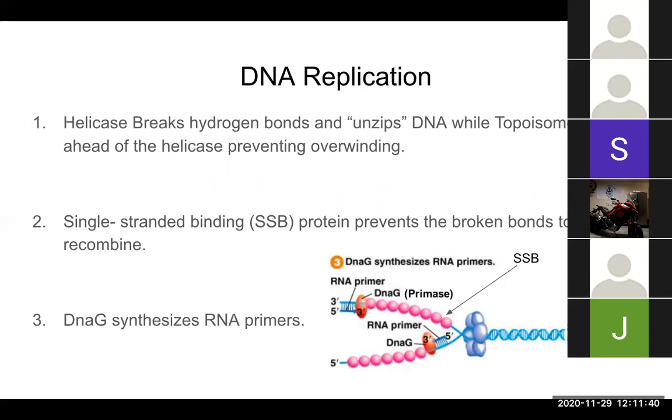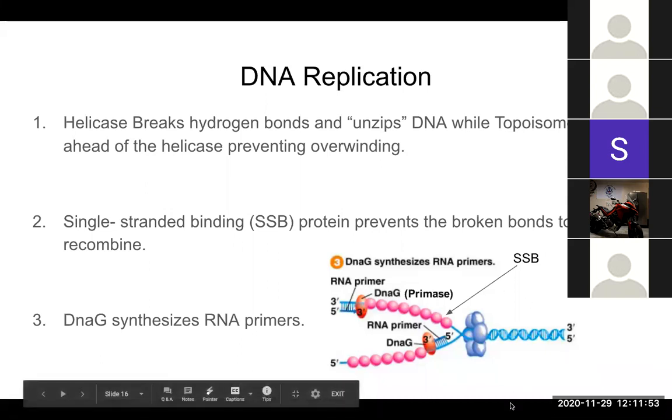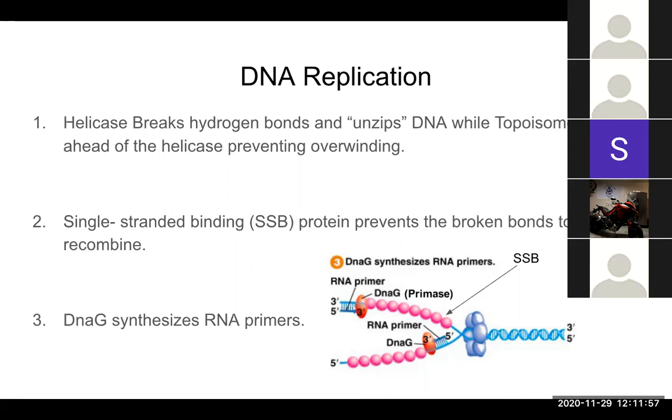And then here are the steps of DNA replication. Step one, the helicase breaks hydrogen bonds and unzips the DNA, with topoisomerase ahead of the helicase, preventing overwinding. Number two, the single-stranded binding protein, SSB, prevents the broken bonds from recombining.